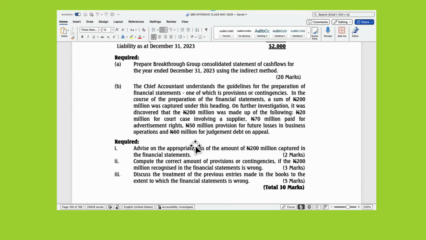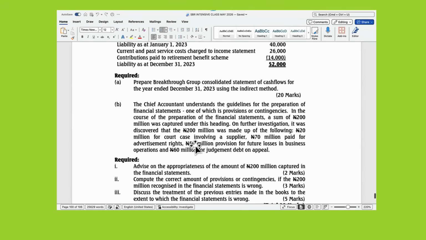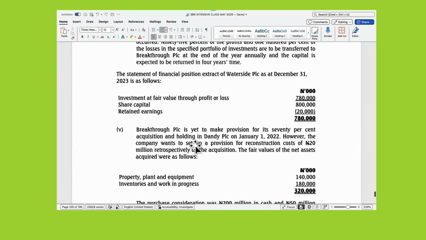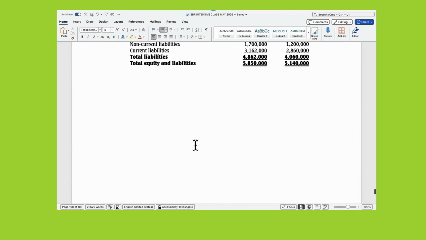We solved it last week on provisions. So that's this one. So let's then read the question.